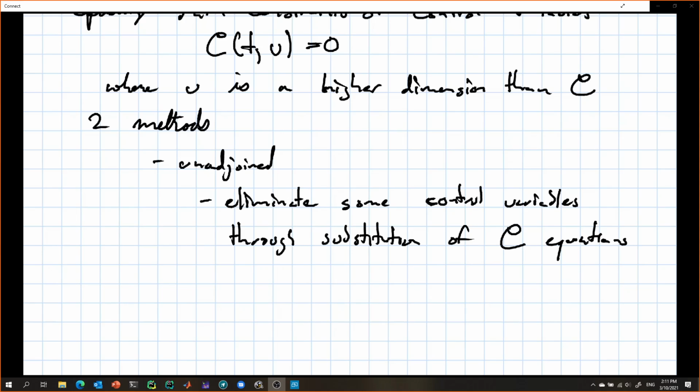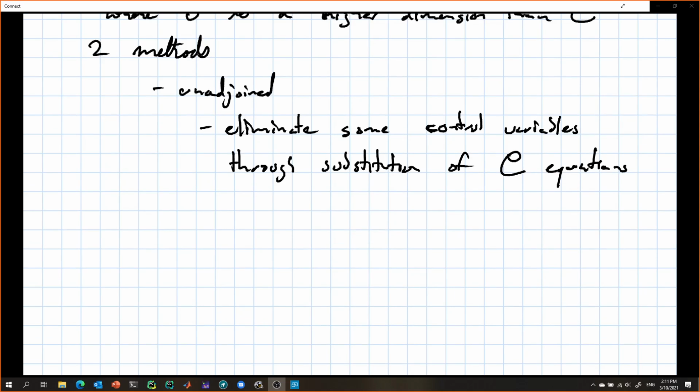So if C is of dimension 3, you could take away 3 control variables in principle by substitution. So this is kind of a brute-forcing, unadjoined method.